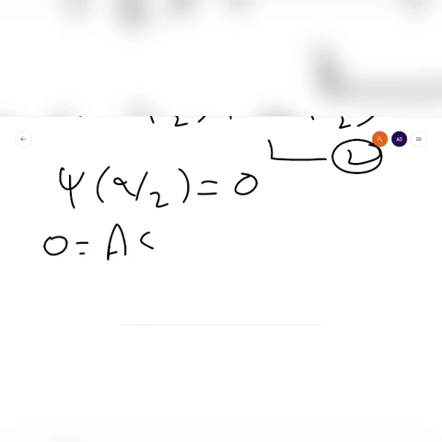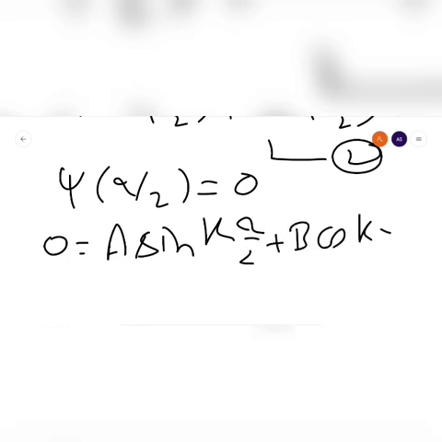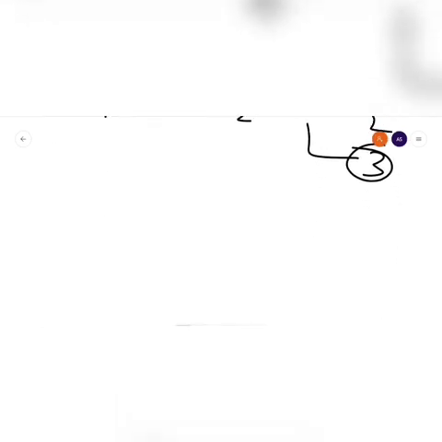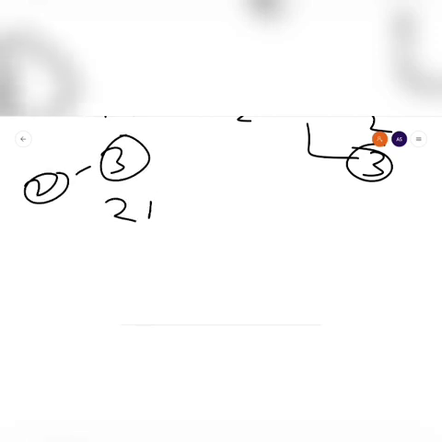Now from the second boundary condition, psi of a by 2 is equal to 0, you can write 0 = A sin ka by 2 plus B cos ka by 2. This is equation number 3. Now equation 2 minus equation 3, you will get 2A sin ka by 2 goes to 0.